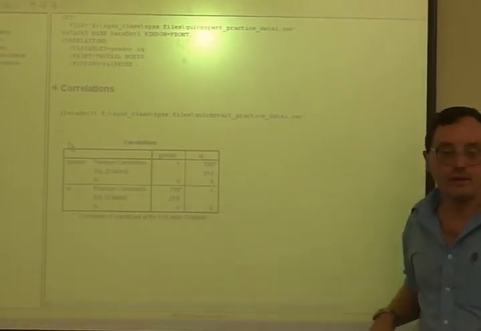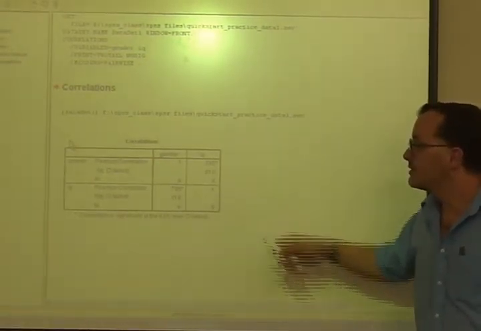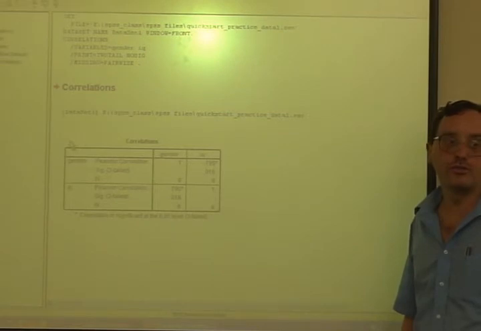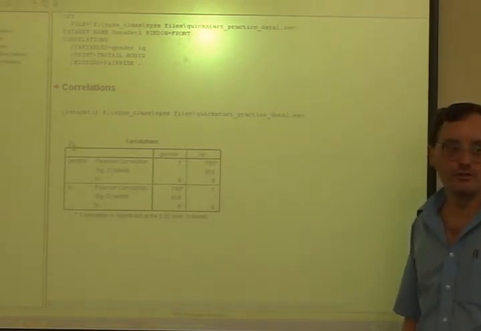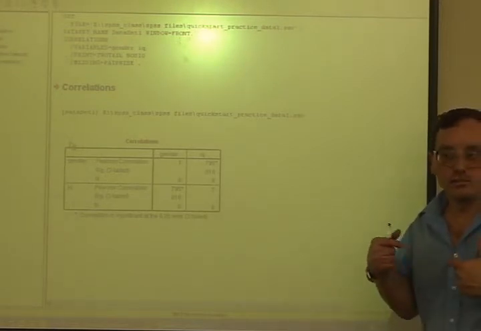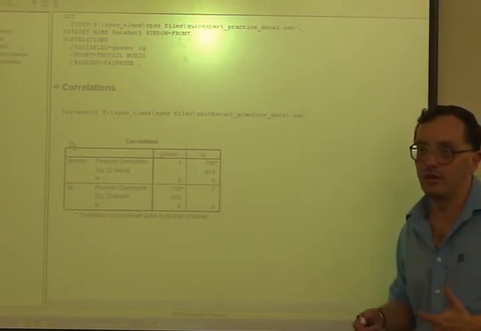But notice that your challenge when you write this up is, even if you get this far, it will not do to say, for example, in your report, the correlation between gender and IQ was statistically significant. You're going to have to include a plain English explanation of what the meaning of that correlation was.